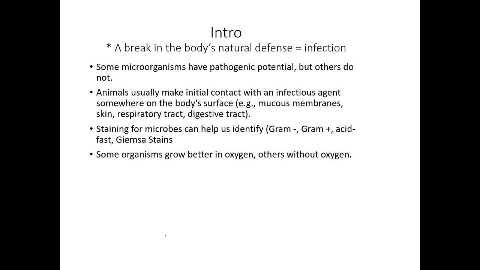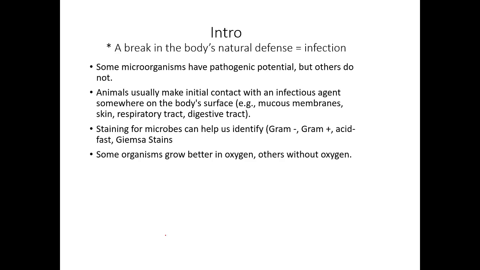Animals usually make initial contact with an infectious agent somewhere on the body surface. That means mucous membranes, skin, respiratory tract, or digestive tract. If we get some of these microbes either by culture or on a smear, we can stain them and tell if they're gram-negative, gram-positive, acid-fast, or how they stain with Giemsa stains.